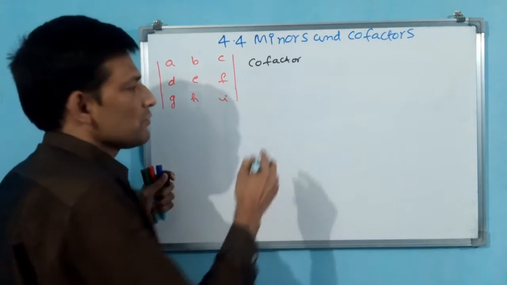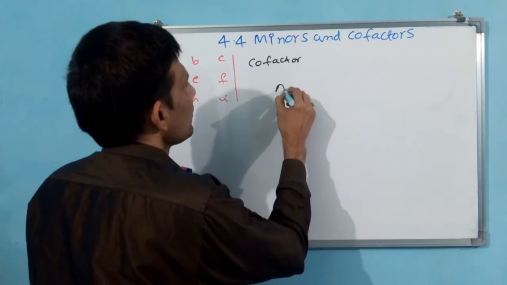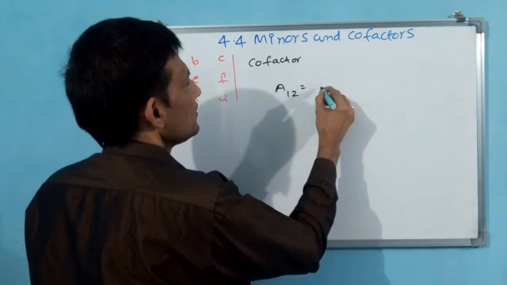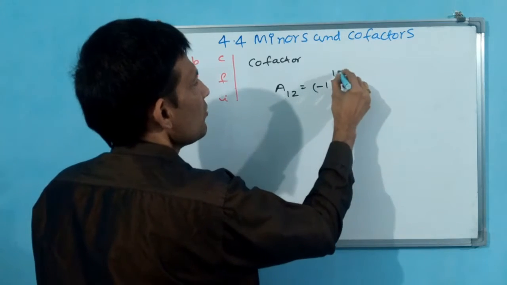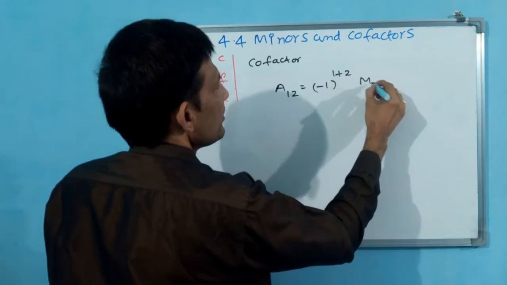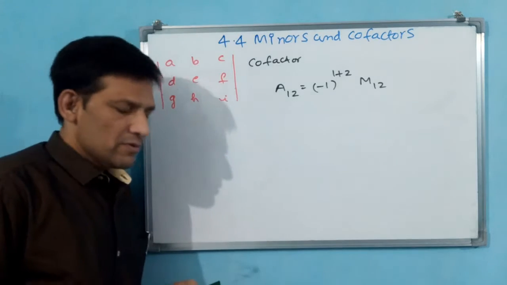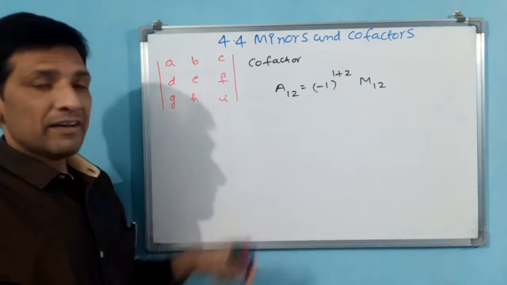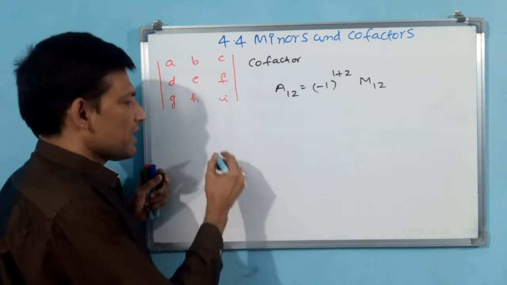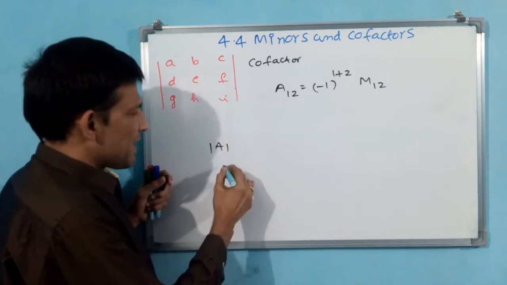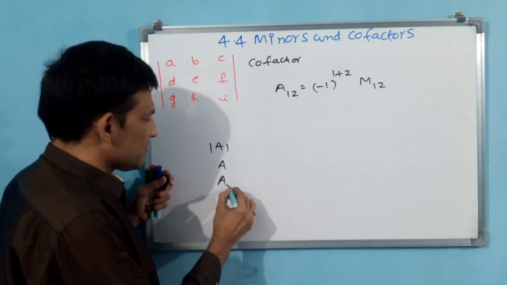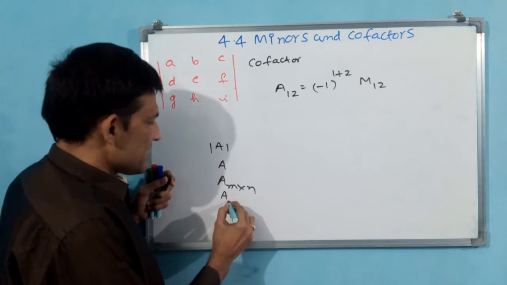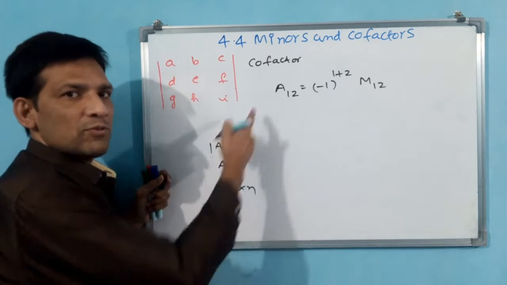If the cofactor is A12, that is equal to minus 1 whole power 1 plus 2 times M12. What is M12? M12 is the minor. A12 here is not a matrix or determinant. If it is a determinant, it will be written like this; a matrix will be written like this. When it is Aij, then this is a cofactor.